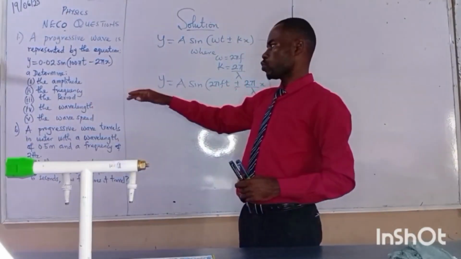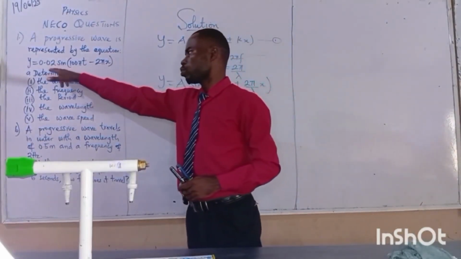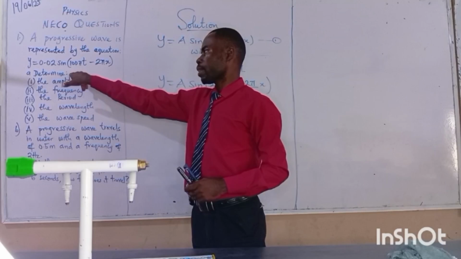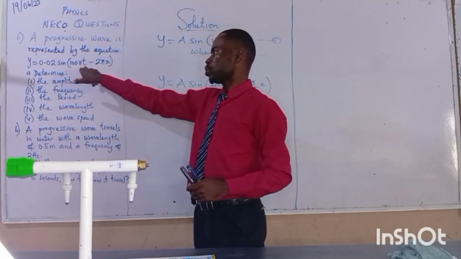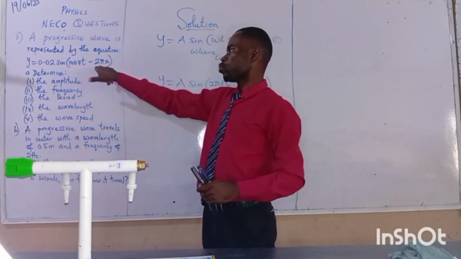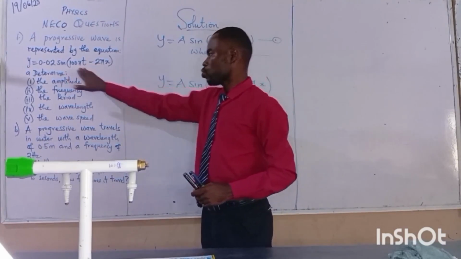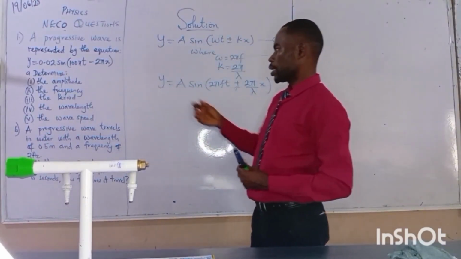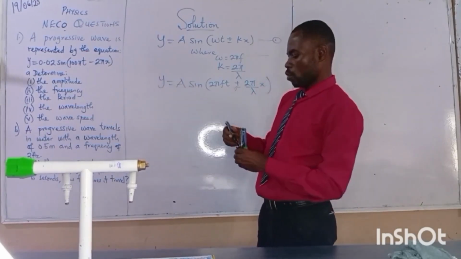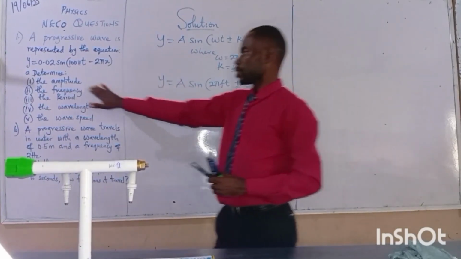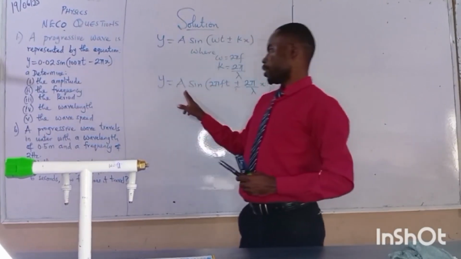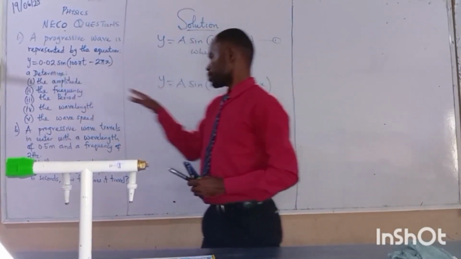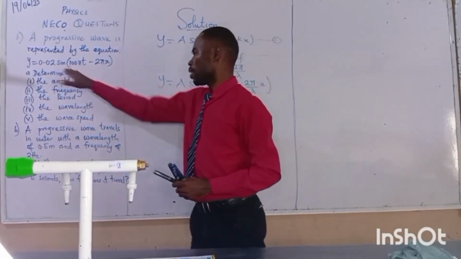If we check the question given to us, we have y equals 0.02 sine open bracket 100 pi t minus 2 pi x. Looking at this equation and at my equation 2 here, let's put them together. I have y, I have A, I have sine, and so on.